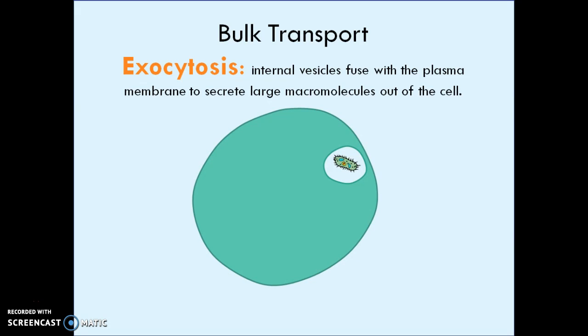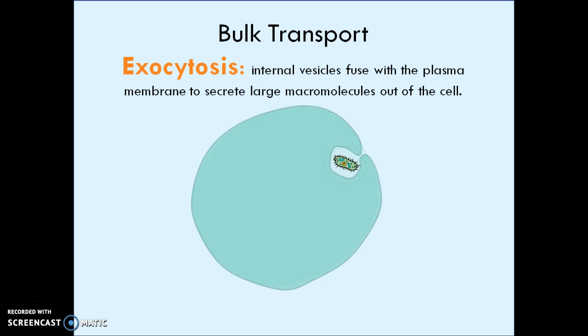We also have bulk transport, where we're moving really, really big particles, cells or proteins that the cell has created, or food particles, anything like that. So exocytosis is where we're going to have the internal vesicles fuse with the membrane, and they're going to secrete large macromolecules out of the cell.